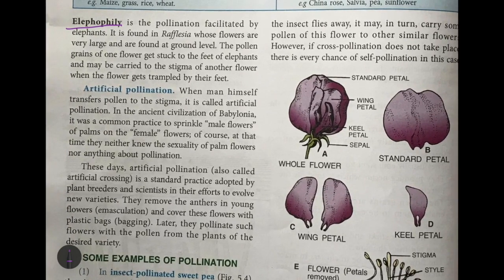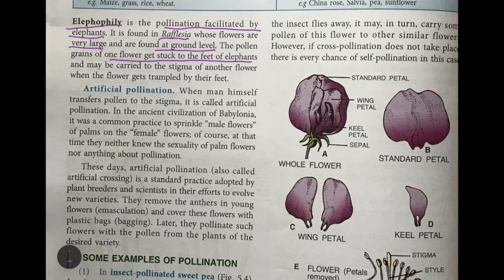Now, moving on, the next type of pollination is Entomophilous. It is the pollination which is done by elephants. It is found in Rafflesia. If you remember, Rafflesia is the largest flower. I think you've learned it in your general knowledge. These flowers are very large and are found growing at ground level. The pollen grains of one flower get stuck to the feet of elephants.